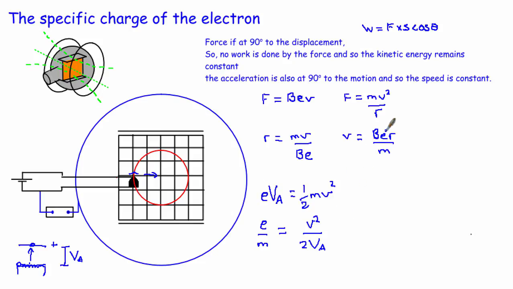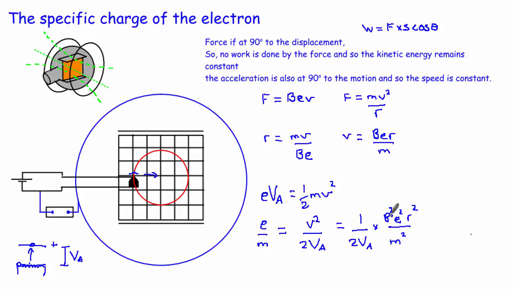So we can take this velocity and place that into here. So we've got this part, 1 over 2 lots of the anode potential difference multiplied by v squared. If we square the whole of this thing, we get B squared, e squared, R squared over m squared, like that.